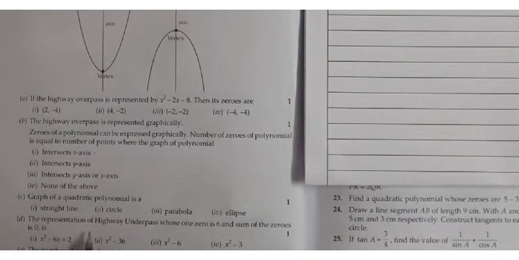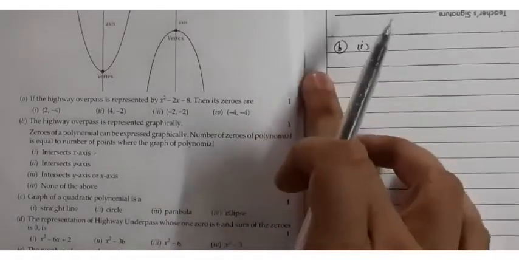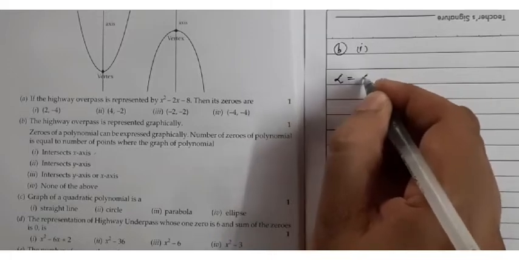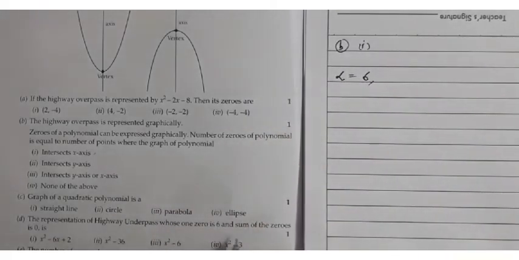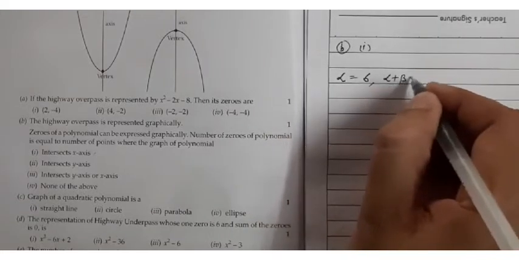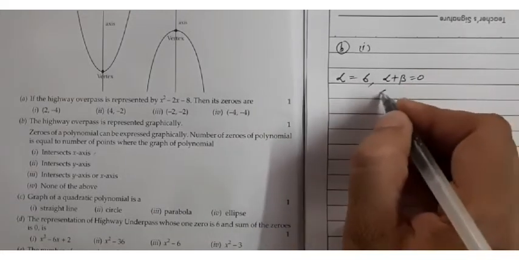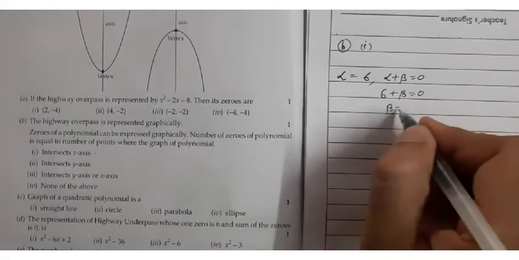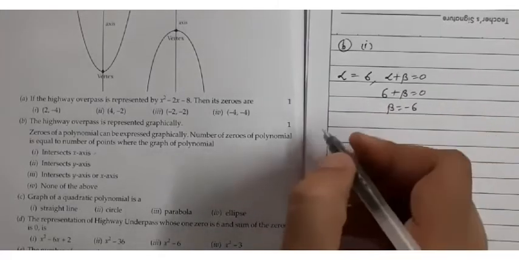The representation of the highway underpass: one zero is 6. You have been given one zero. Alpha is given to you as 6, and the sum of zeros is 0. It means alpha plus beta is equal to 0. Alpha is 6, so beta is minus 6.